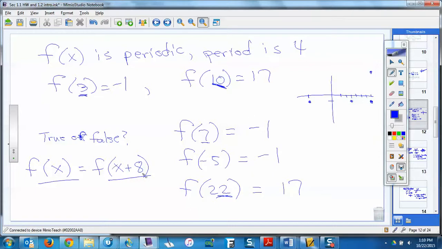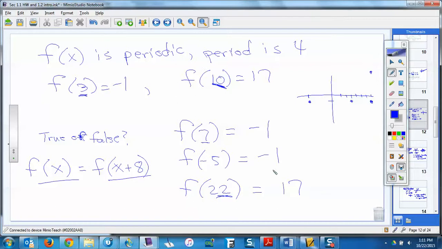So if you take this output and shift it to the left 8, do you get the same output? Yes, because that's 2 periods. So whatever this output is, we don't know what it is, but it's shifted 8 to the left from this output. We know they have to be equal, because a periodic function repeats those values. So see, there's a lot of different ways to talk about periodic, but also understanding function notation, right? And I want you to be able to do that.